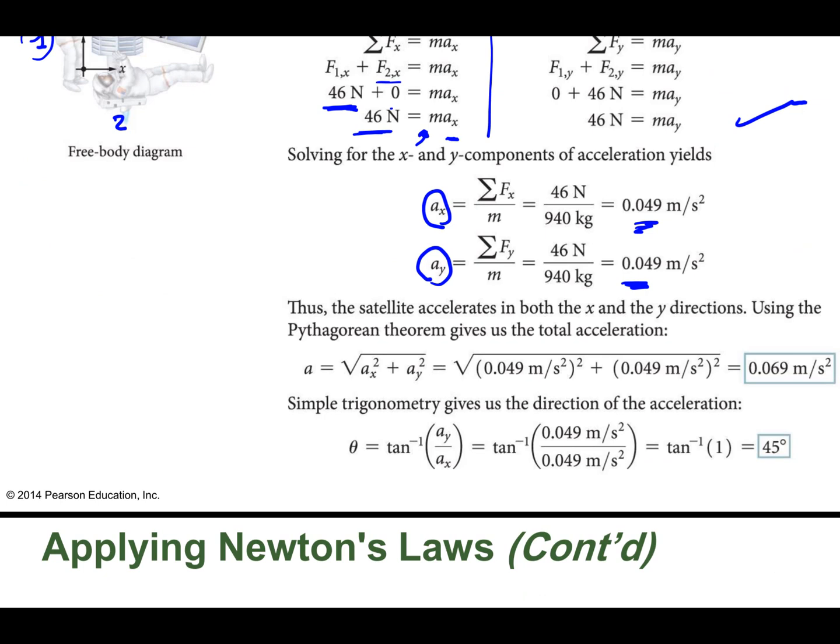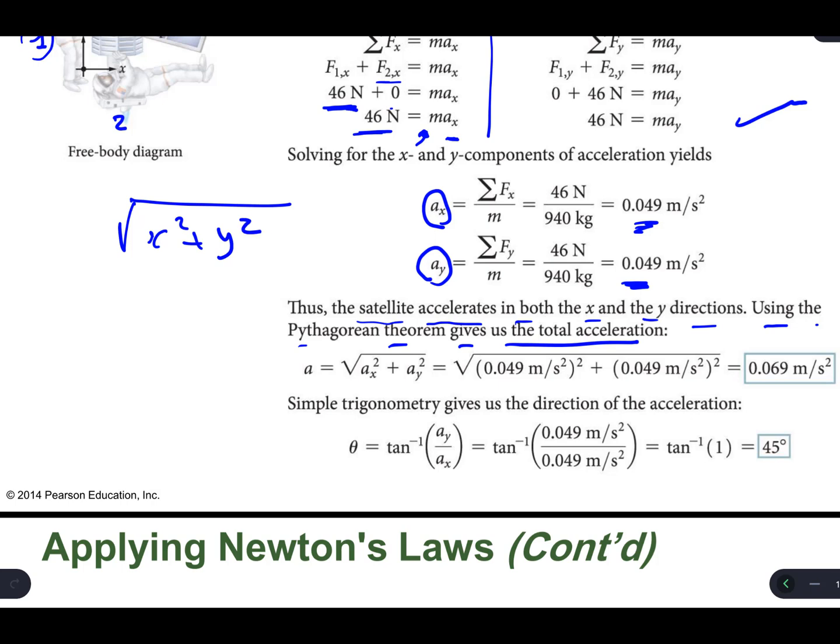If you want to get the magnitude of acceleration using mathematics, the satellite acceleration in both X and Y direction, using the Pythagorean theorem, gives the total acceleration: square root of X squared plus Y squared. Here we deal with acceleration, so AX squared plus AY squared to get the acceleration.